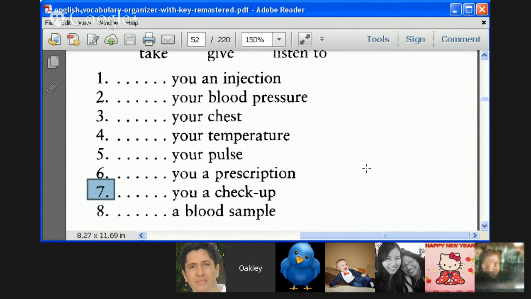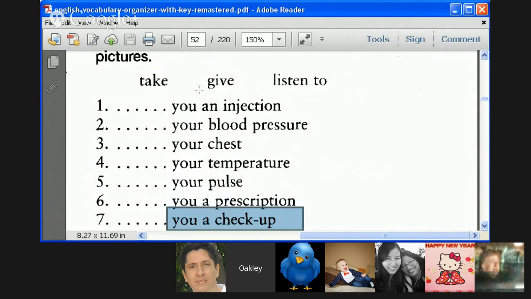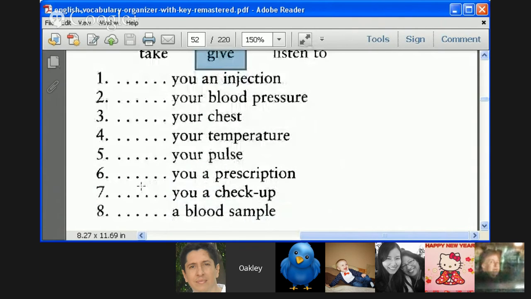The doctor gives you a checkup. I got a checkup. Why give? I don't know. Because he's giving it to you. It's a gift.